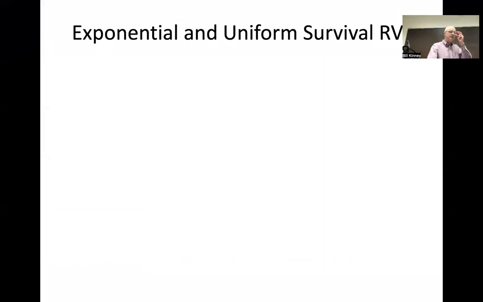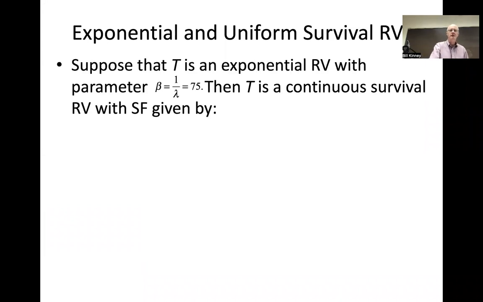Here are a couple examples that are commonly used, though they're not super accurate for lives of people, at least over the long term. Exponential and uniform. Just as an example, suppose t is an exponential random variable with parameter beta equals 75. Remember, beta is the mean of an exponential random variable.